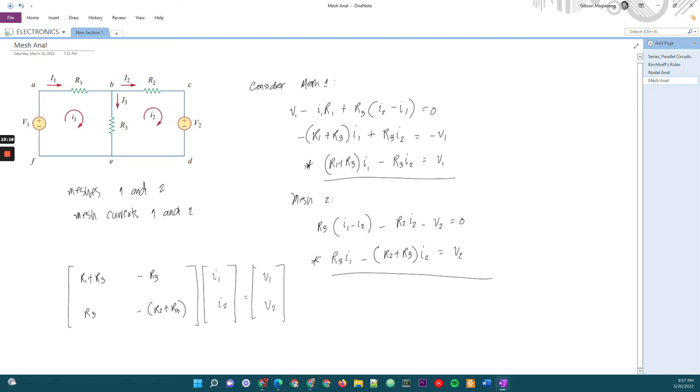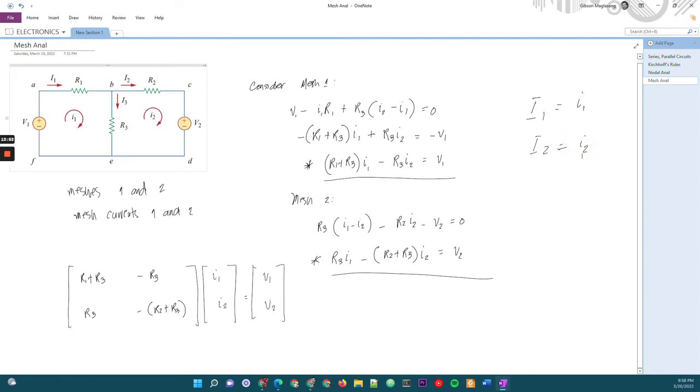if you look at the diagram, we know that capital I1 is equal to the mesh current I1. Okay, it is in the same direction, so it is labeled as positive. If the direction is opposite to I1, capital I1 or small I1, then that's negative. Okay, and the capital I2 is small I2.